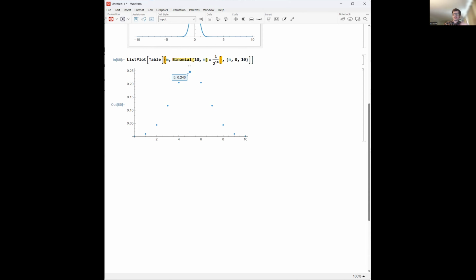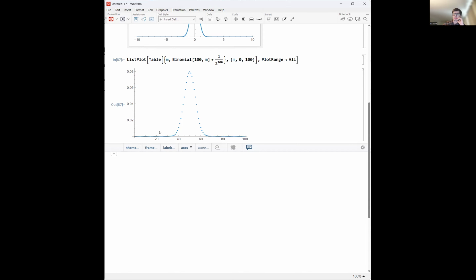And what's cool is as you keep going out, you take more steps. This curve, and I should make sure that the software shows you all the points, starts looking more and more smooth. And maybe this is familiar to you, but this is just the bell curve, the normal distribution. It's also called a Gaussian.